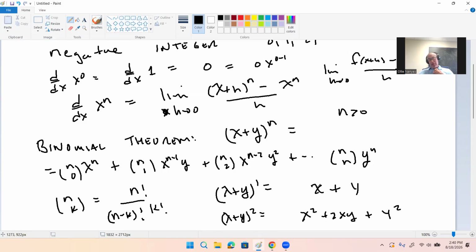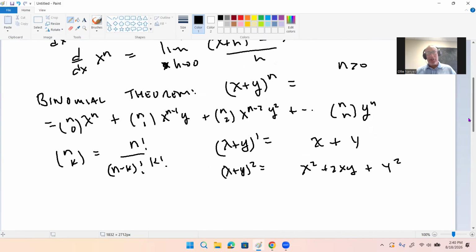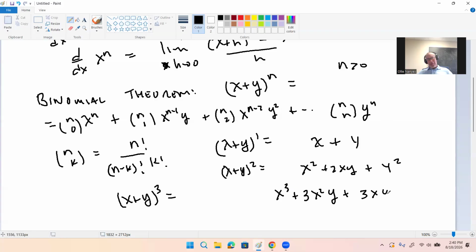So the binomial coefficients are 1, 2, 1, right there. Let's do another one just to get the hang of it. Well, we know that's going to be x cubed plus 3 choose 1 plus 3 choose 2 plus y cubed.